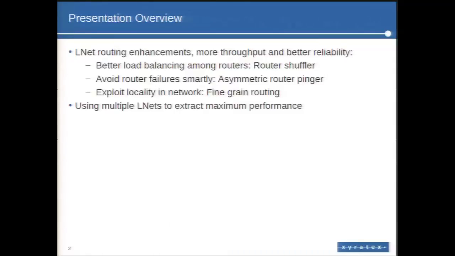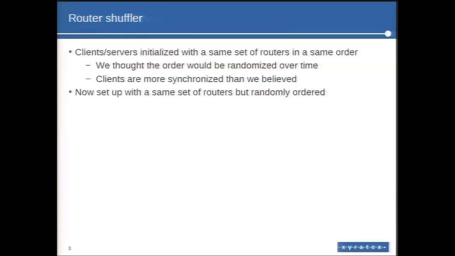The last one is fine-grained routing, which makes it possible to exploit locality in the network to get better throughput. Next, Dave is going to talk about how to use multiple LNets to extract maximum performance out of a complex network.